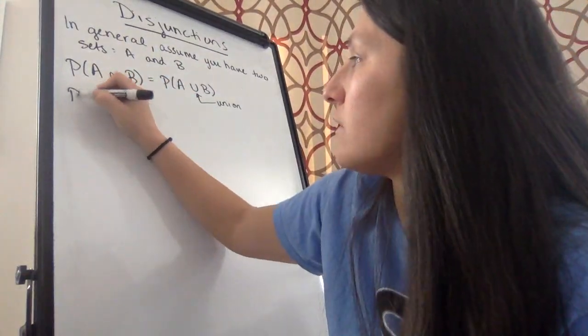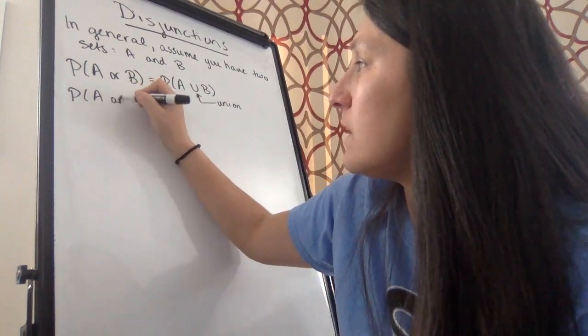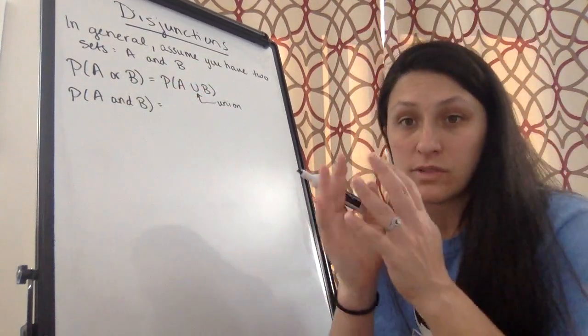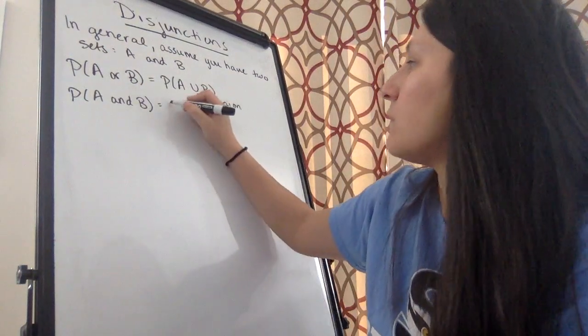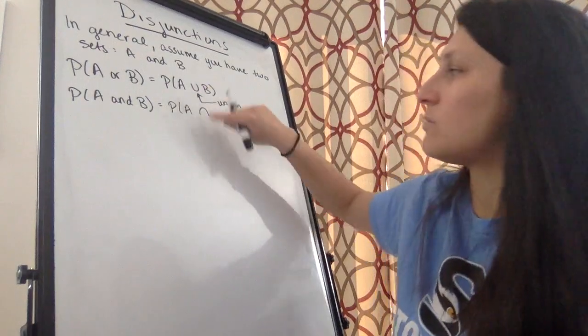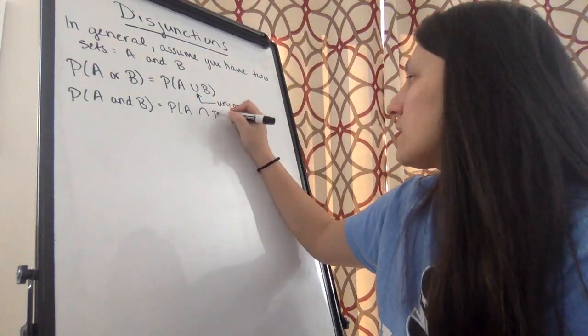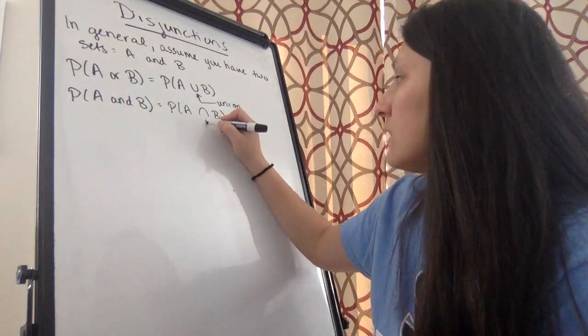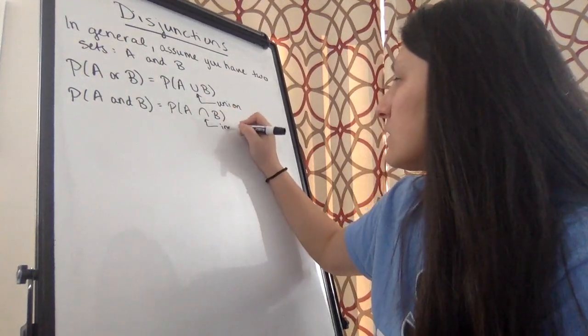The probability of A and B, which was what I said, the intersection, I called that the intersection of the 2 Venn diagrams, that we write with an intersection symbol, which is the same symbol, but it's upside down. So it's like an upside down capital U. That means and, and this is called an intersection.